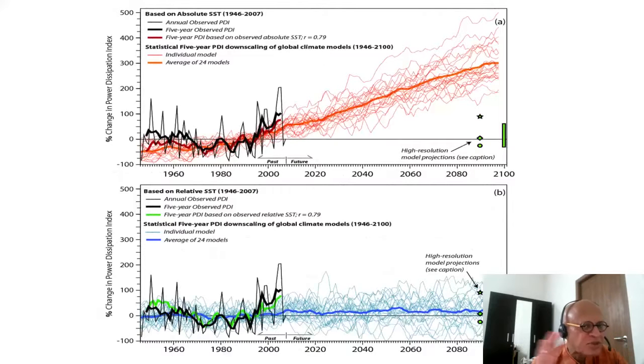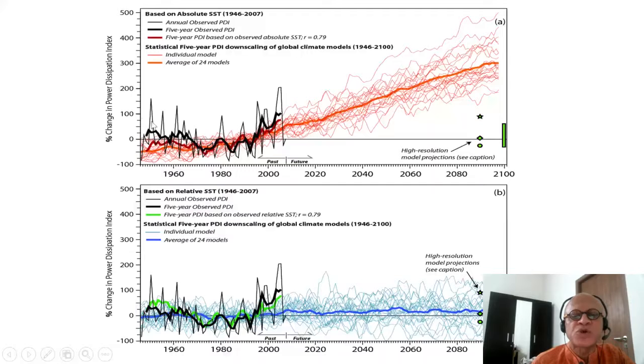I'm not going to try to interpret these figures too much, but you can read the papers and the reports for details. I do want to show them. So here we are looking at percentage change in power dissipation index, PDI, based on absolute SST for 1946 to 2007. There is the historic period, and then there is the projection. And here are the high resolution model projections that you can read up the captions of. So we are looking at annual observed power dissipation index.